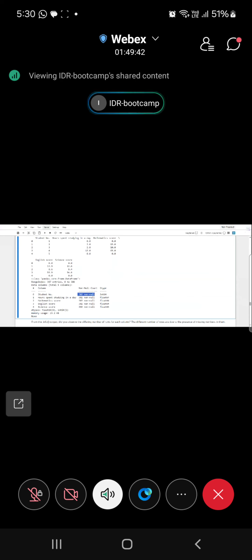But when we have done dot head to understand the columns and dot info, we find that in number of hours, I think five data values are missing. Mathematics, four data points are missing. English again 5 data points, and similarly, that means there is no uniformity in the data. Some data points are missing.